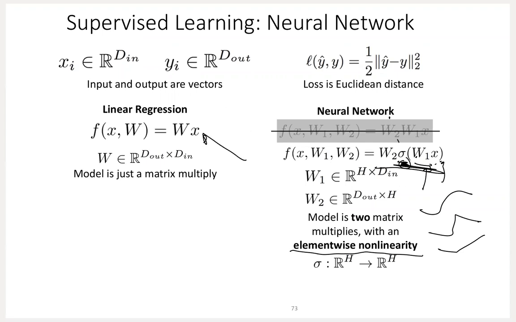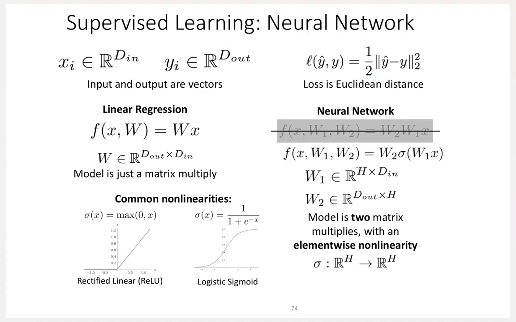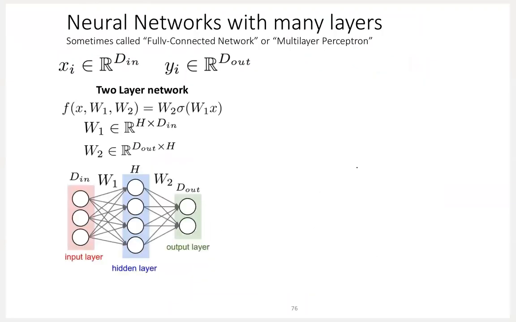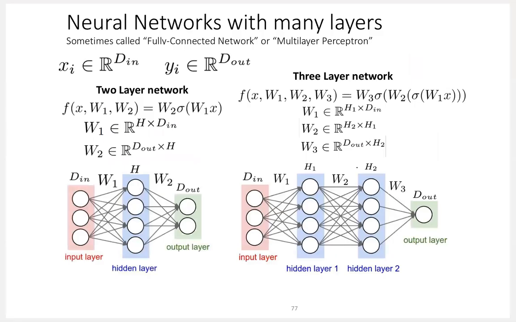And this is essentially neural networks. You can think of this as a first layer, then an activation function, then a second layer, and so on. And we can again make many layers.